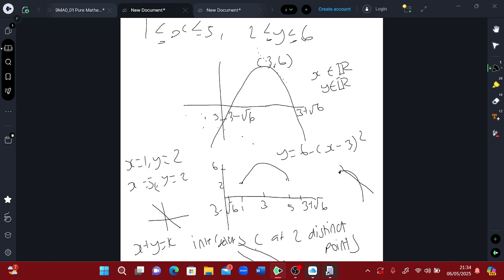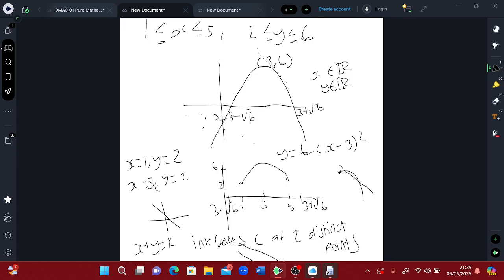So the only time the line would have one or no intersections is when it goes above the curve up here, and that's when we can use a discriminant to work out the upper value of k. If we shift k enough units up, it will go above the curve, like there, for example.